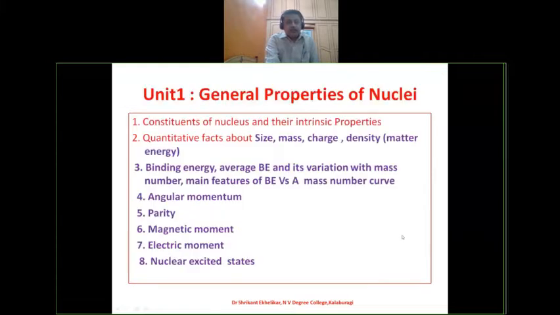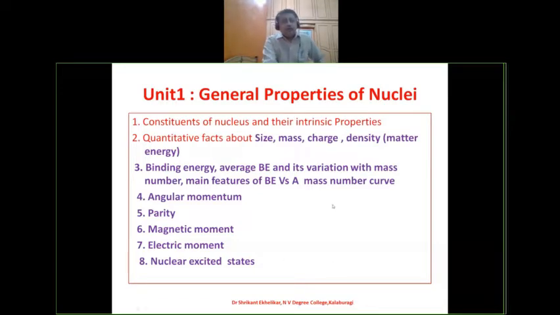So yesterday we started the discussion on the first unit, general properties of nuclei, and in this we started discussion on the constituents of the nucleus, what a nucleus actually consists of, and the properties of components of the nucleus.